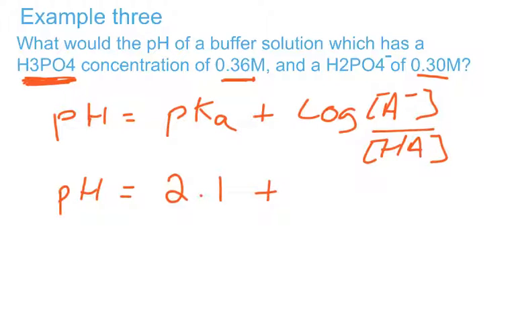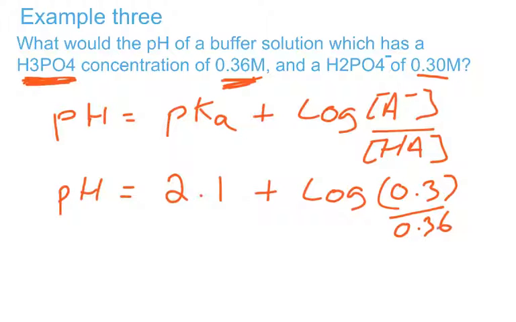Now the log of the A minus concentration in this case is 0.3, and the HA concentration, as we said before, is 0.36. So we're going to divide those two and then take the log of it.